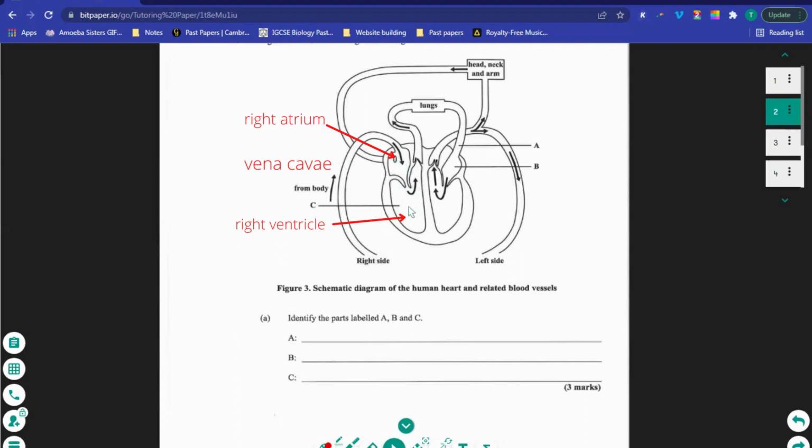And what happens to the blood in the ventricle here? This is with the exit. So this blood is now going to be squeezed from the ventricle into your pulmonary artery. And then it's going to make its way to the lungs to become oxygenated. So this is the exit there. And how do we prevent the backflow, or what is stopping any backflow there?